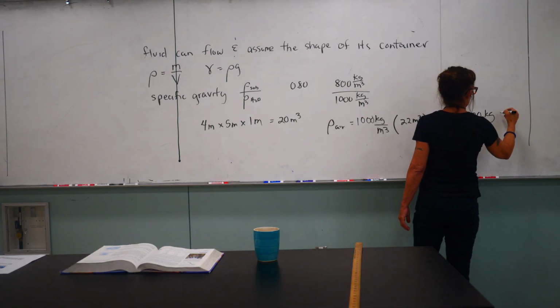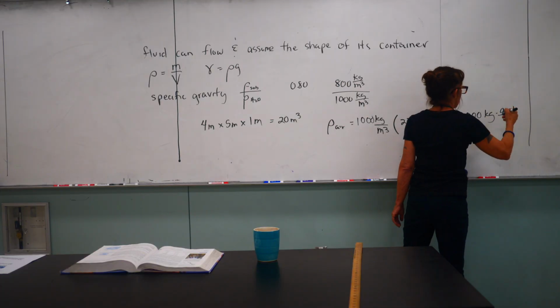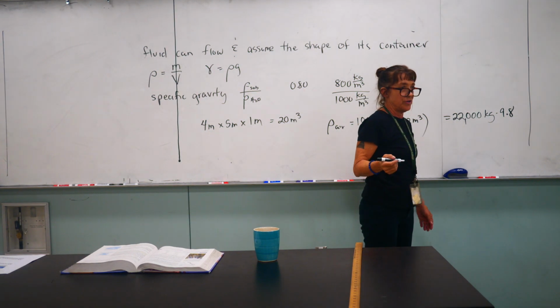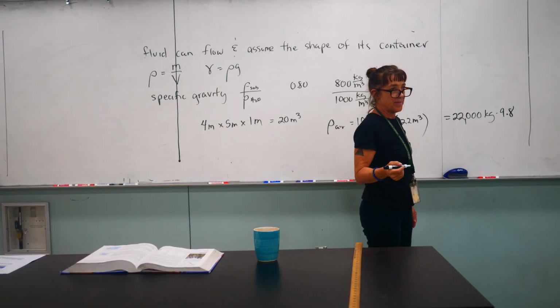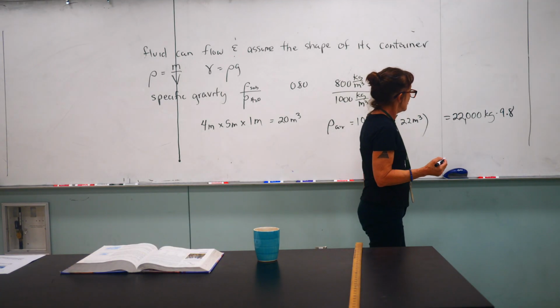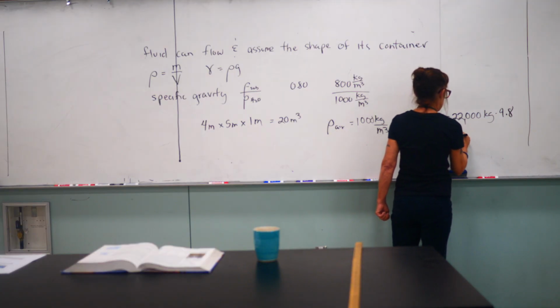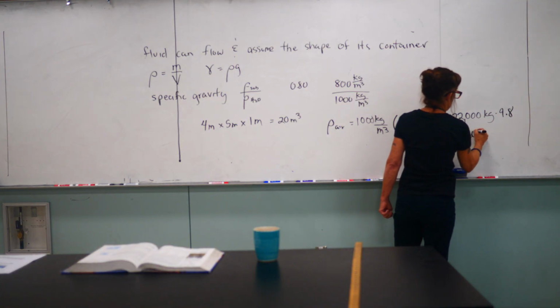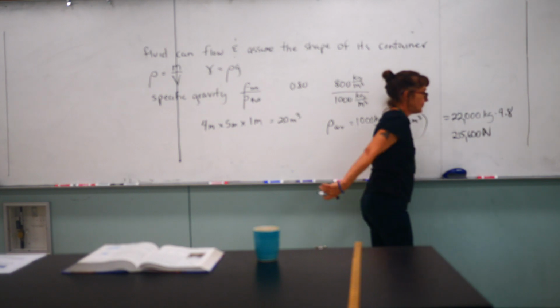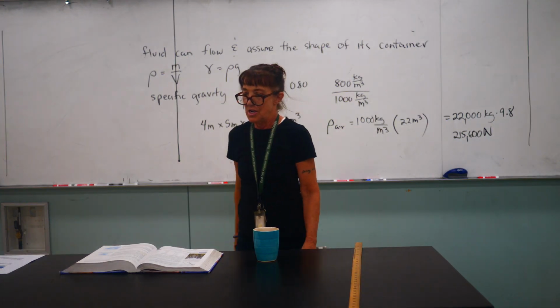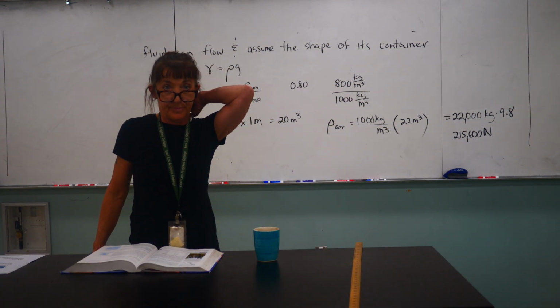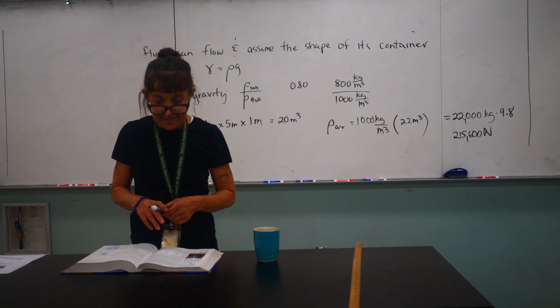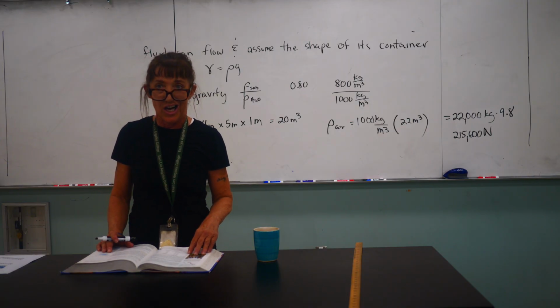And then times 9.8 is about 215,600 newtons. Okay. That is density. We'll be using that a lot.